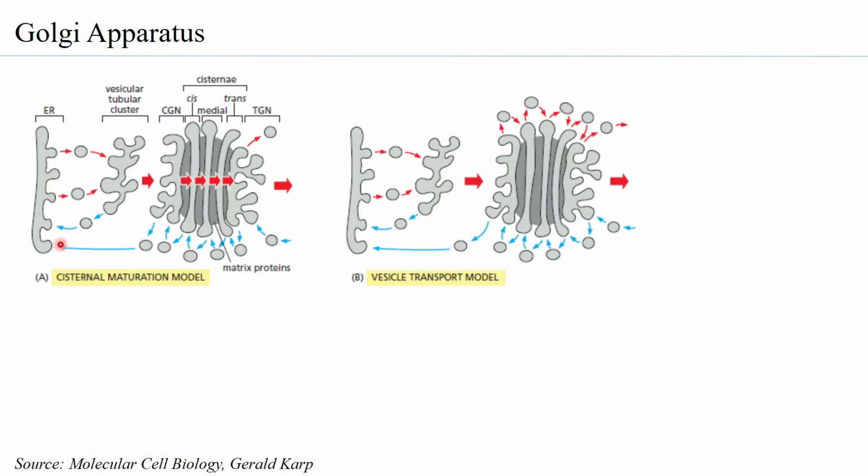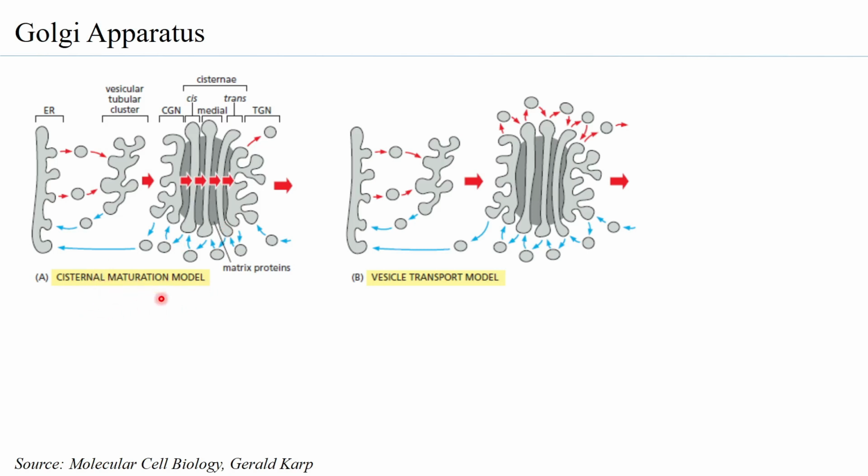Now, what various models try to explain is what happens to a vesicle or a cargo protein as it comes from the ER to the Golgi. So eventually in the Golgi, how does the processing happen? One of the models that has been contemplated is called the cisternal maturation model.